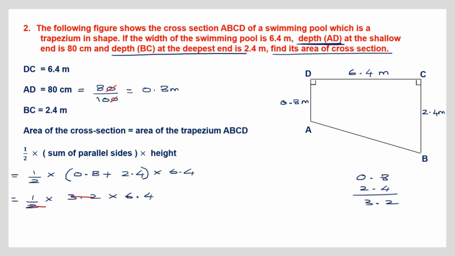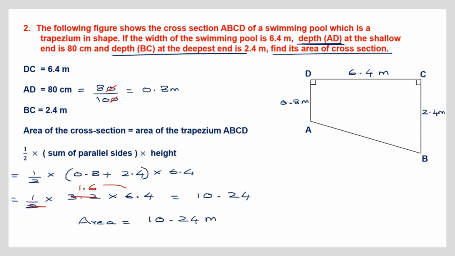So 2 into 1.6 makes it 3.2. Now we can multiply these two. When we multiply, we get 10.24. So we have found the area of the cross section, and that is 10.24 square meters. So this is our final answer.